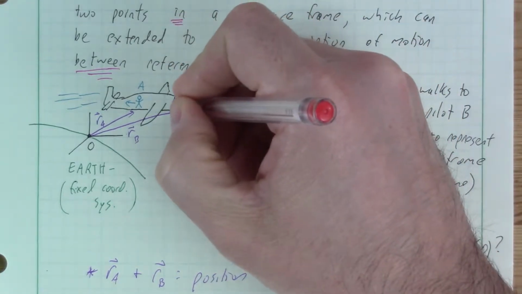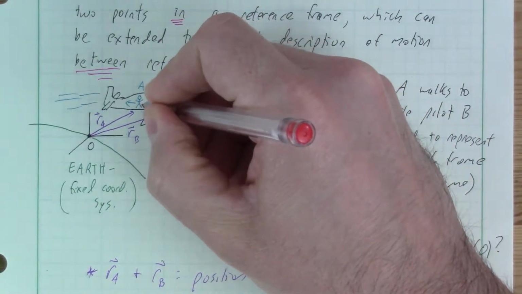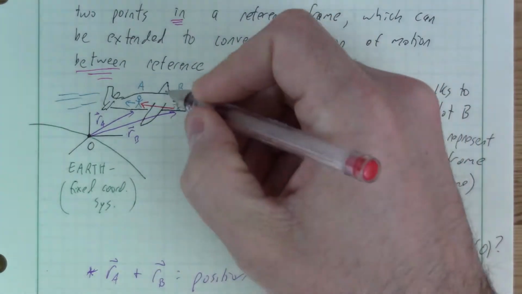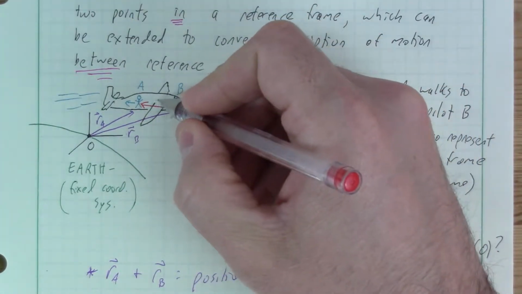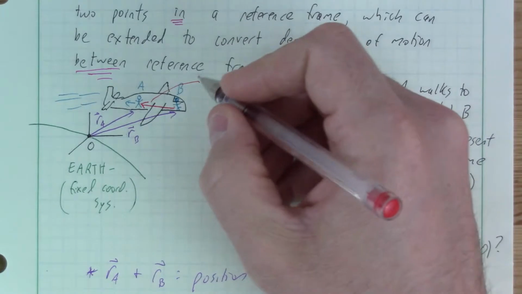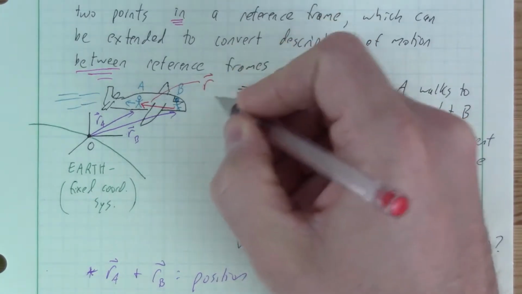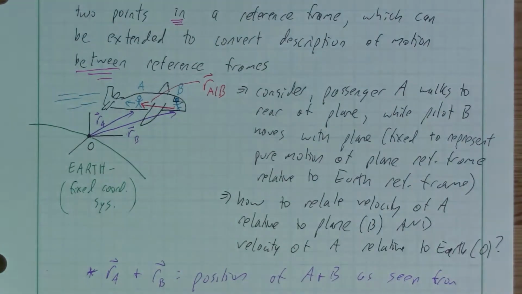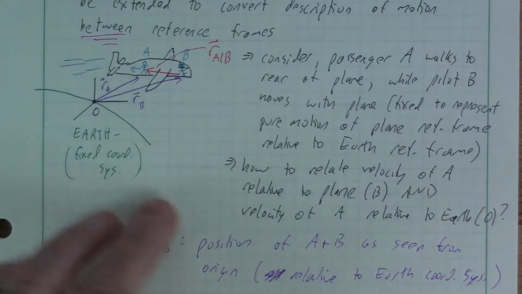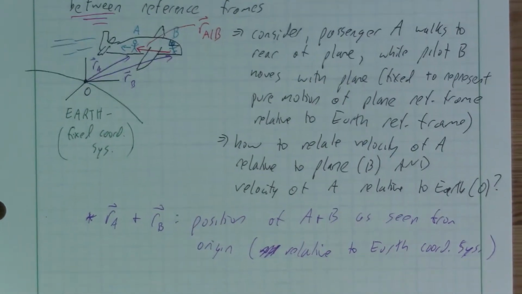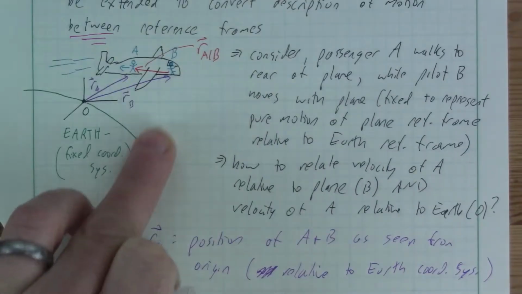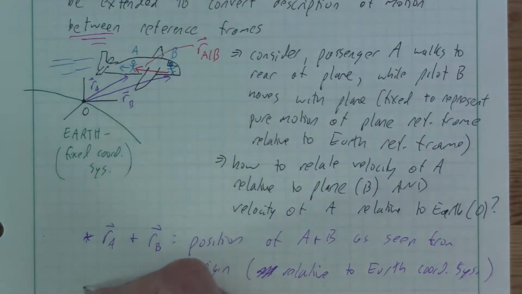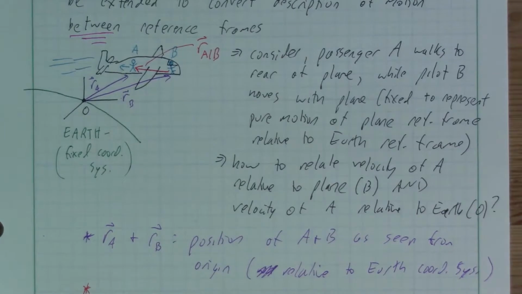So how does B see A's movement? Right? And that's that thing there, which I don't want to crowd this too much, which I have a tendency to do here. This we're going to call the position of A with respect to B, not in terms of the fixed coordinate system or the primary coordinate system, which is the Earth, but just from the plane's or the pilot's perspective, which is the plane reference frame origin.